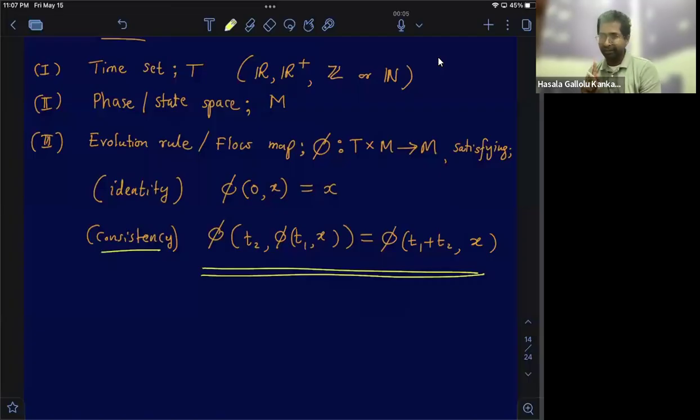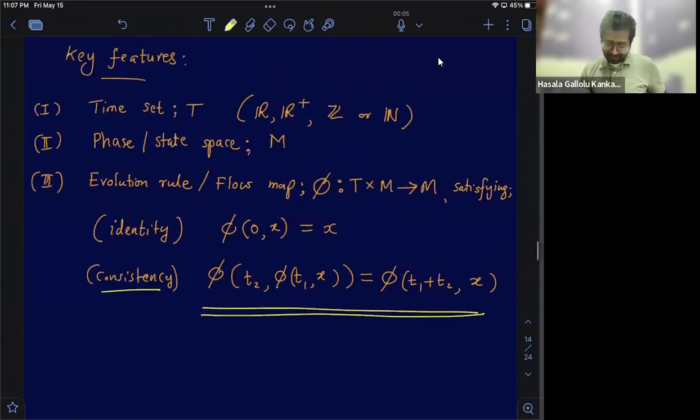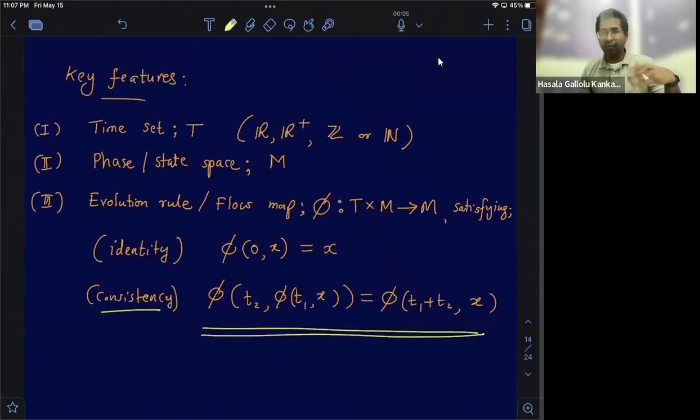We used the idea of consistency before, but consistency in this form is just the same thing. Think about it. And this is how we look at this evolution rule or flow map in dynamical systems, which is going to be pretty much the same thing.